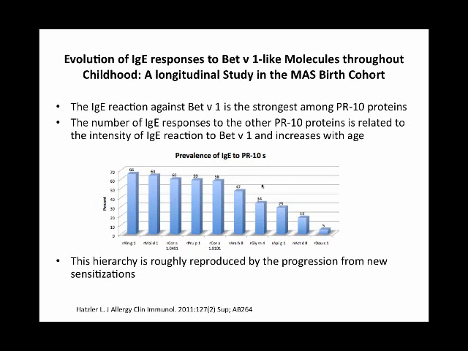But then you have this whole range of foods: apple, peach, hazelnuts here. Less common, you'll find the peanut and soy, and even less common, you'll find things like carrot. So if you have someone who gets symptoms with carrot, before you do the testing, you suspect that they're going to be a very allergic person.